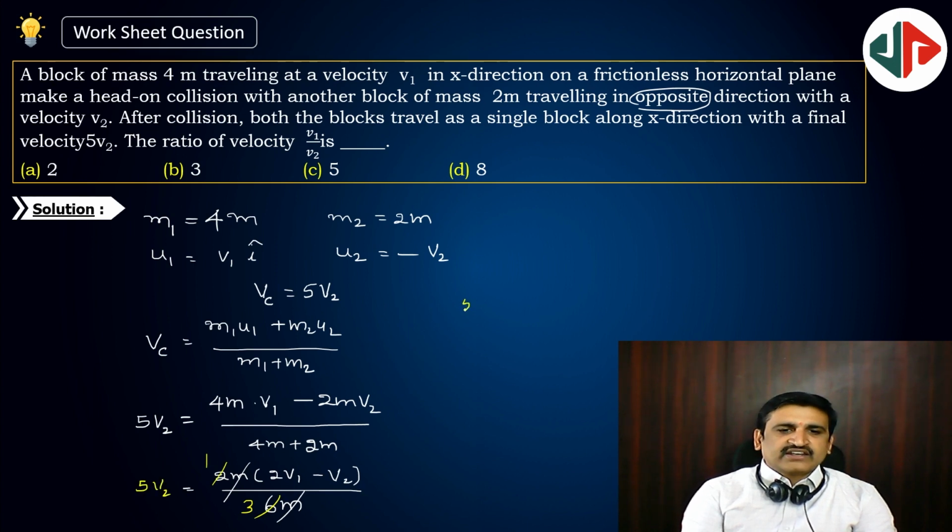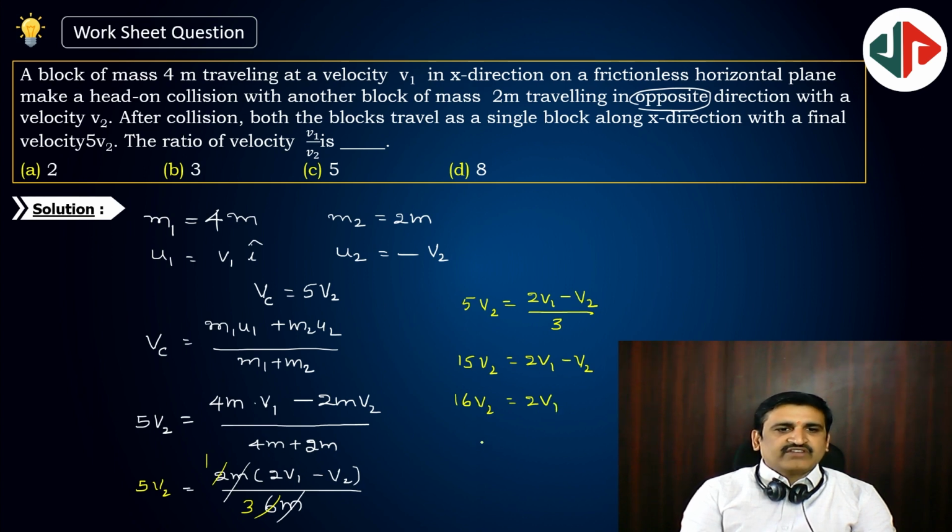So what I can write: 5v2 is equal to (2v1 minus v2) by 3. So 15v2 is equal to 2v1 minus v2. So 16v2 is equal to 2v1.